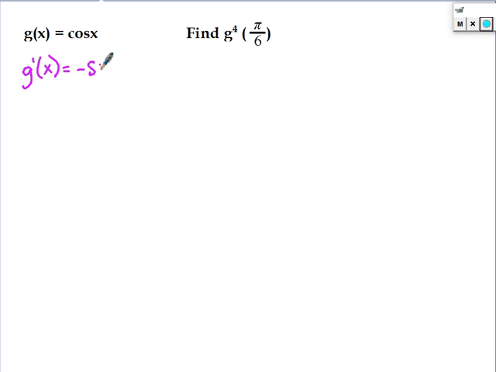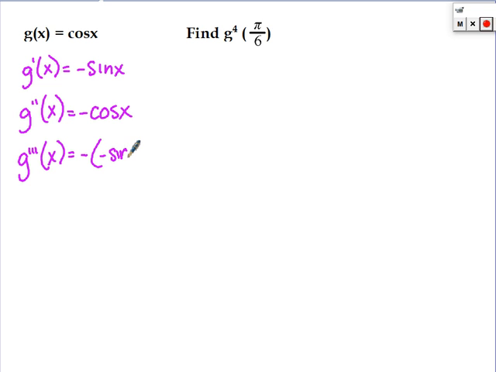Then if I find the second derivative, the derivative of sine is cosine. And that negative stays out front. The third derivative is going to be negative sine, which is just positive sine. And the fourth derivative is back to cosine.